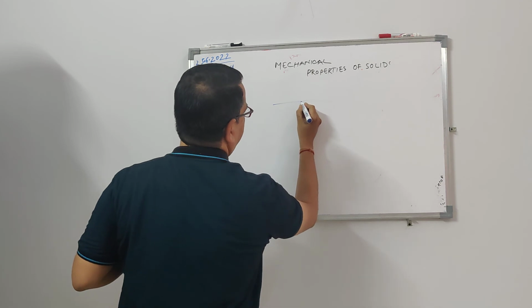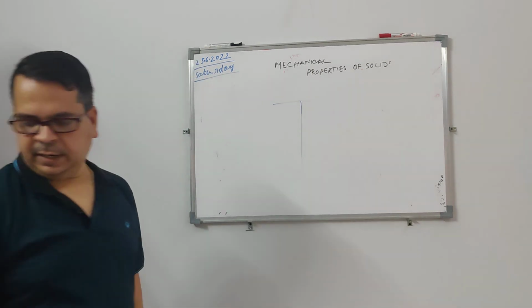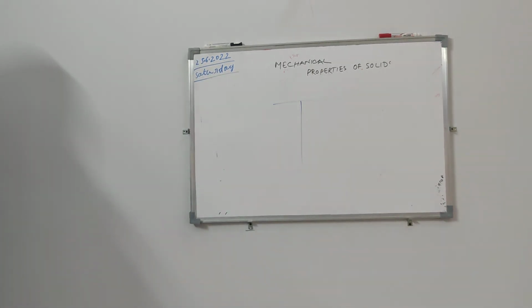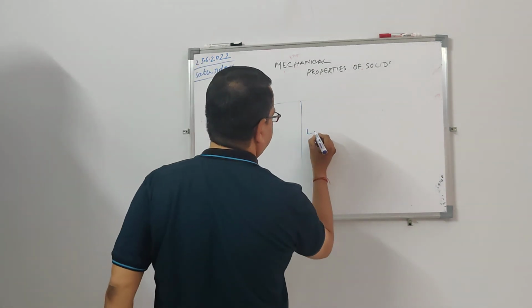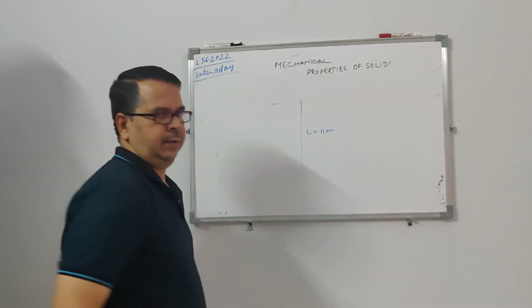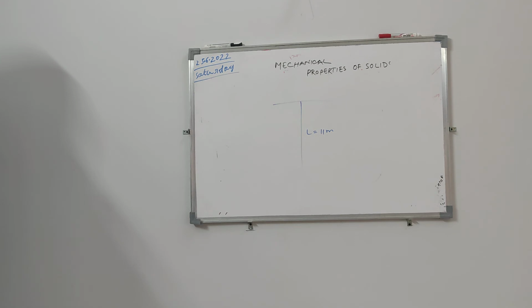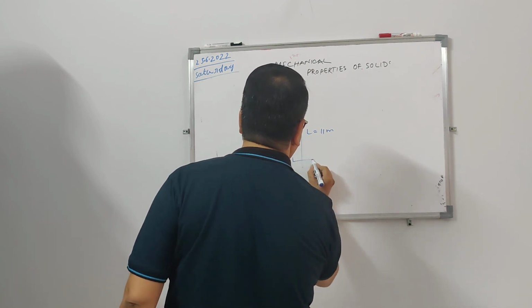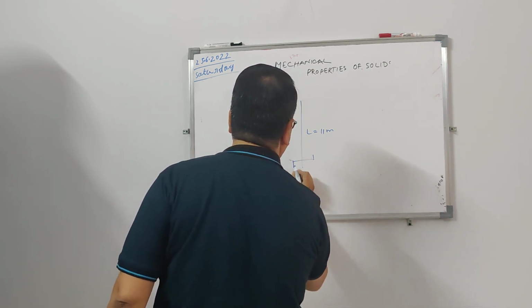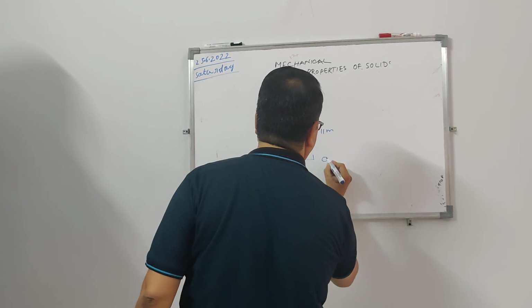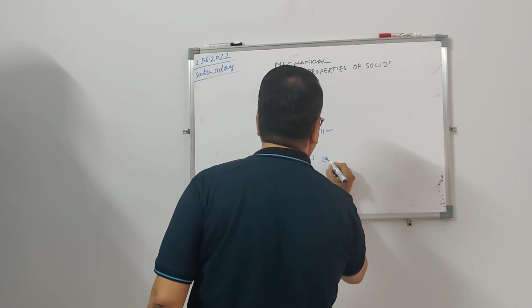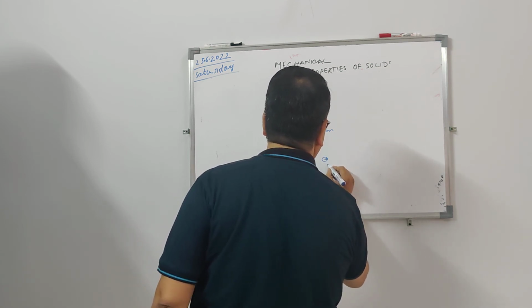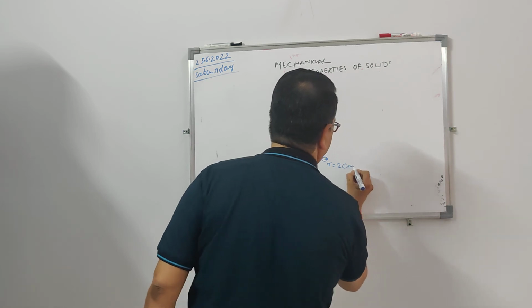The length of the cable is 11 meter. Radius is 2 centimeter. So if we take a cross section, this radius, let us say this R, this R value is 2 centimeter.